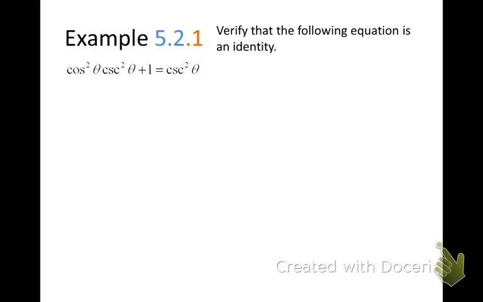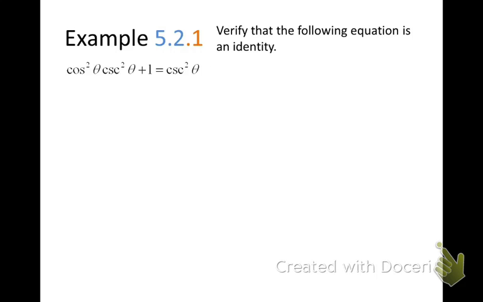You need to work strictly with what's on one side and just modify it to look like the other side, and that's it. Remember that one of my hints was that you want to start on the side that looks more complicated. In this particular instance, I think it'll be just as easy either way, but just to stick to what I'm saying as far as typical things to try, which side would you start on?